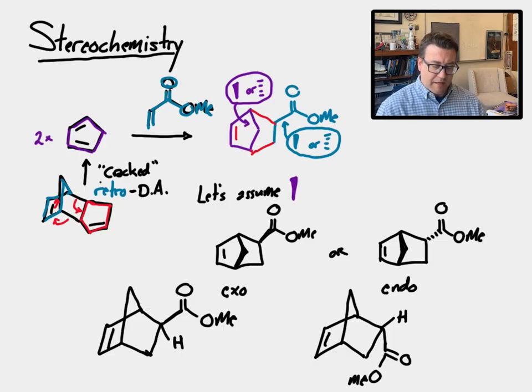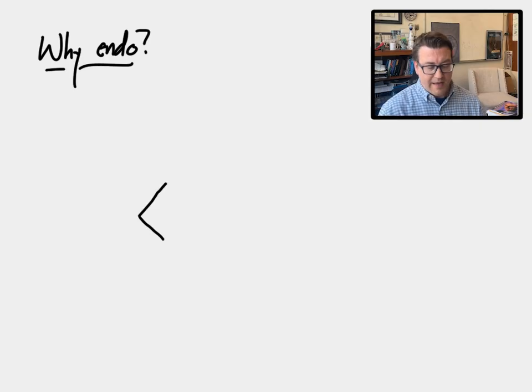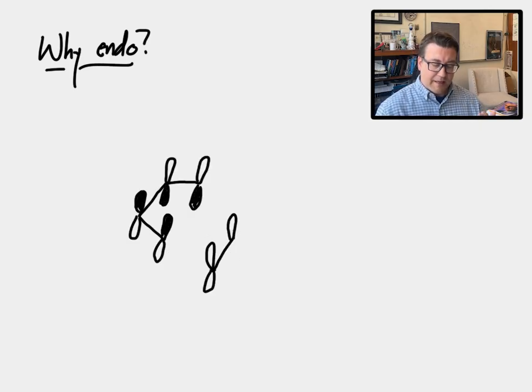What's interesting, and perhaps counterintuitive, is that the endo form is actually the major product that is often formed for Diels Alder reactions. So let's look at why that's the case. Why endo? To get to the question of why endo, we have to look back at the diene interacting with the dienophile.